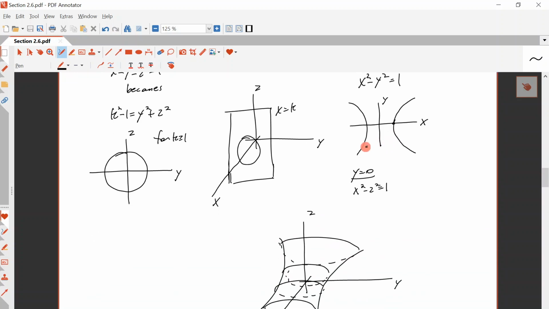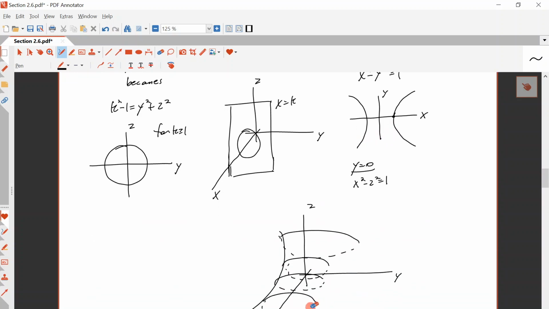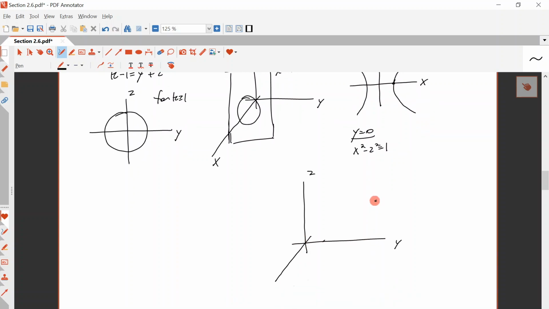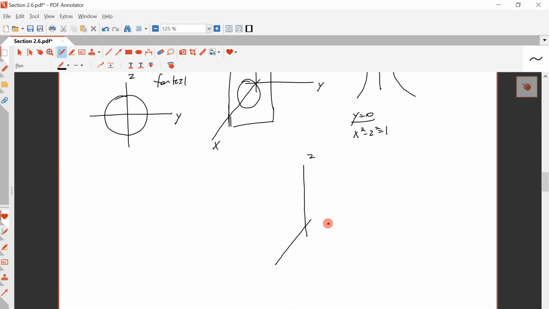Oh, excuse me, that's incorrect. I drew this the wrong way. That hyperbola opens up along the x-axis, not along the y-axis. Opening up along the x-axis in the xy plane looks like that.